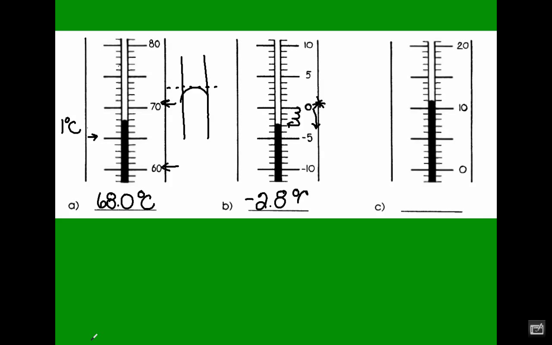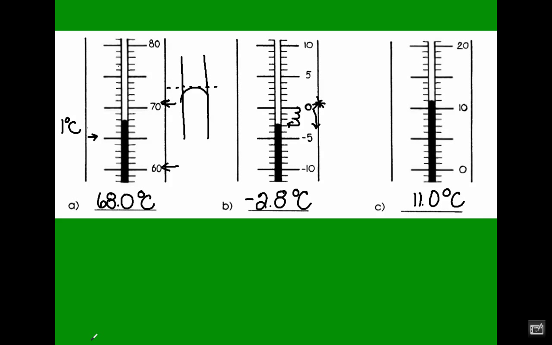Okay, and again, that would be degrees Celsius. And this is also one that goes by 1 degree for each marking. The last one on this row also goes by 1 degree for each marking. And I'm just above 10 at the next marking up, so I'm going to say that one is 11.0 degrees Celsius.